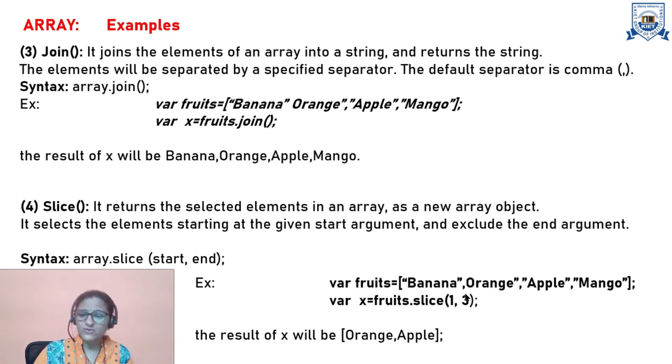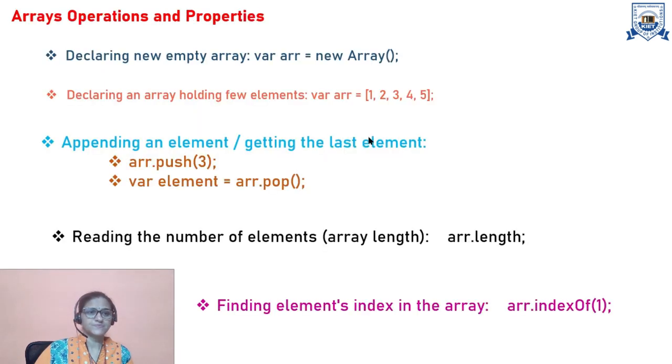It will not move to 3, it will just move to one place before that, that is till 2. So 1 is orange, 2 is apple. Among these different values, it will take the slice covering orange and apple. This will be your output.